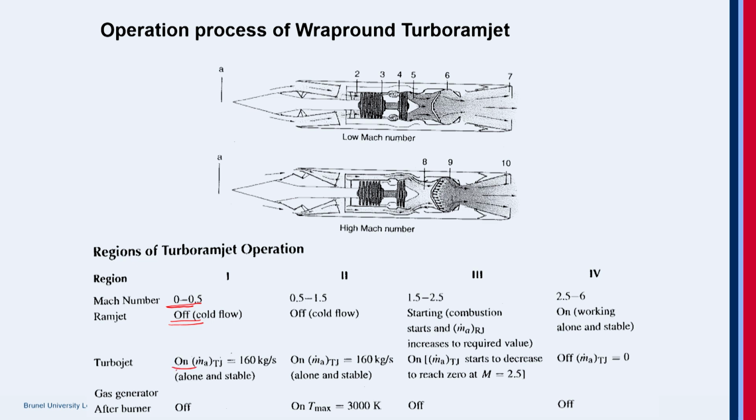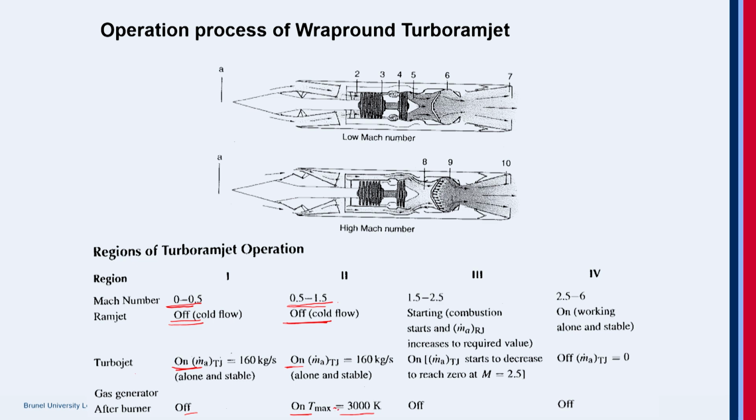Only the turbojet is on and the afterburner is off. We need the afterburner only for a moment to boost and to augment the thrust. Then for the transonic regime from Mach 0.5 to 1.5, still the ramjet is off, the turbojet is on, and for transonic you use the afterburner.